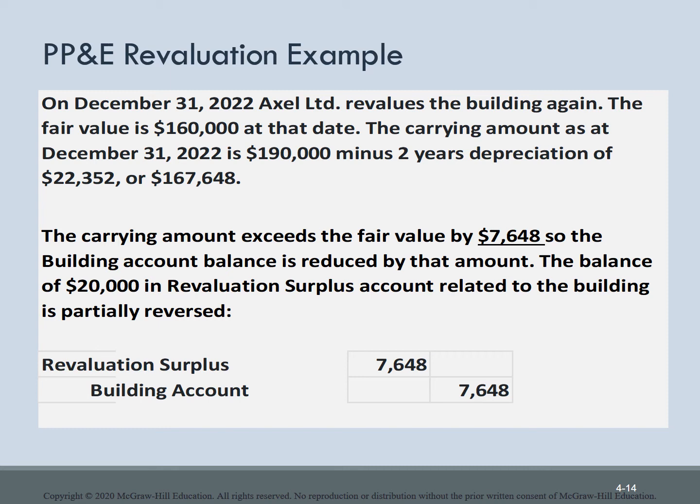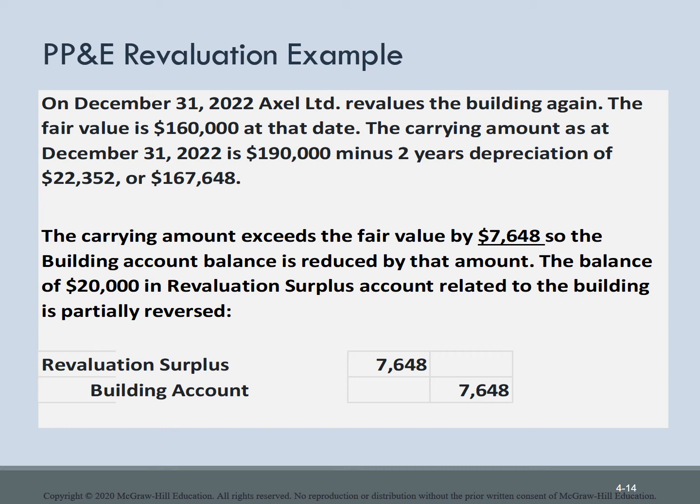The carrying amount as of December 31, 2022 is going to be the 190 minus 22,352. That's the 2021 and 2022 revised depreciation based on the calculations we did on the prior slide. And so the carrying amount is 167,648.